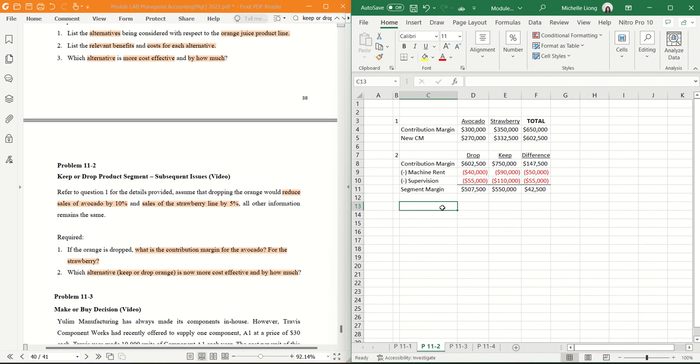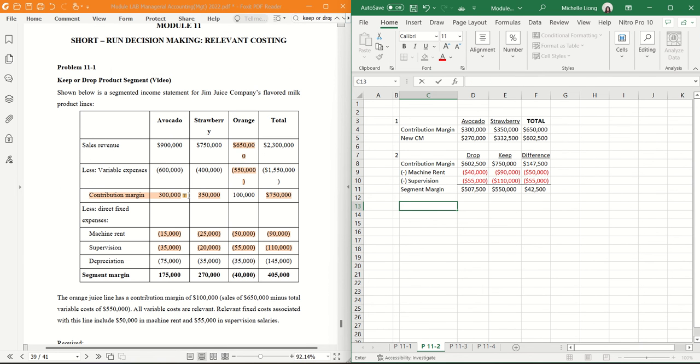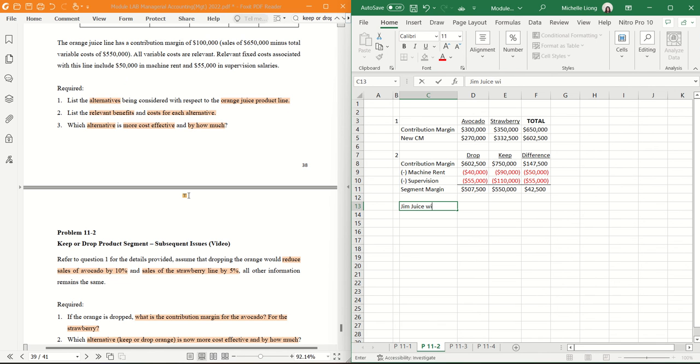So right now, the juice will generate more margin by 42,500 if they keep the orange line.